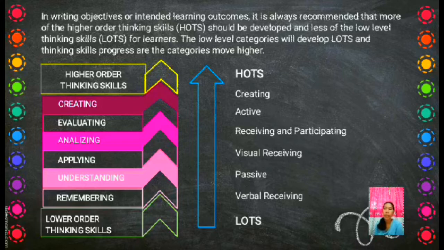Like say for example, mag-define, describe, mag-list, or mag-label lang siya. And to be followed by understanding, applying, analyzing, evaluating, and ang pinaka sa top is creating. So as you can see, nagaanam-anam siya ka higher ang level, meaning pud ana is kanang nagaanam-anam pod og kataas ang gina-require niya nga level of thinking sa isa ka learner.